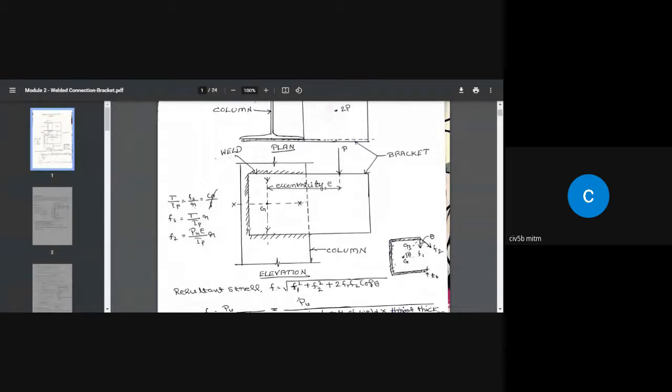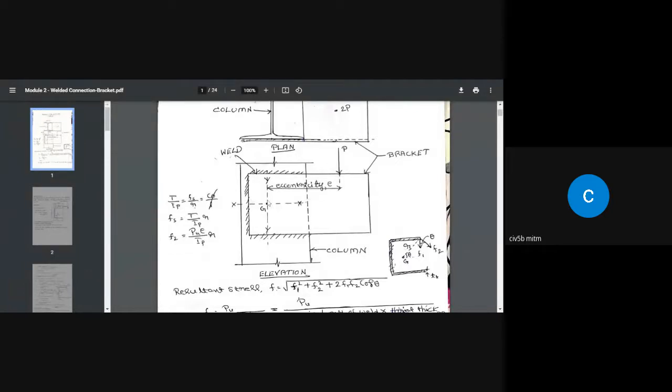Say if this is the weld, then the centroid of the weld falls somewhere here. How to find that? Of course, this weld is symmetric about the x-axis, so the centroid is lying somewhere along this axis of symmetry. We need to find this distance.